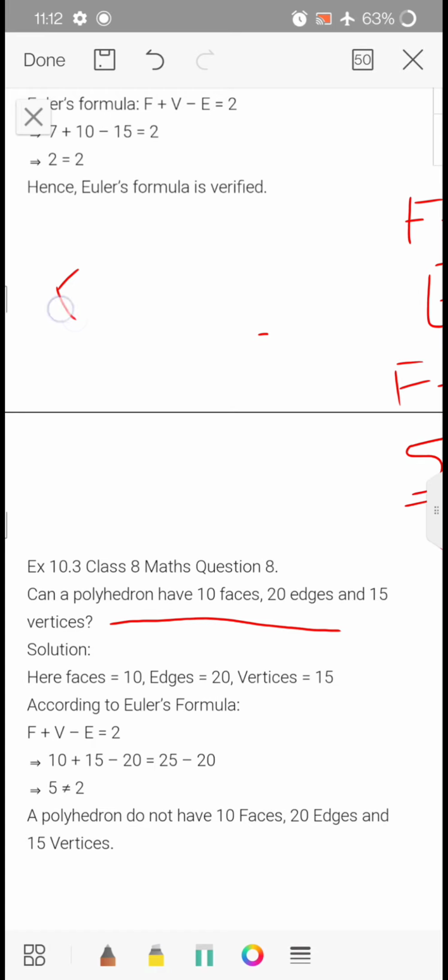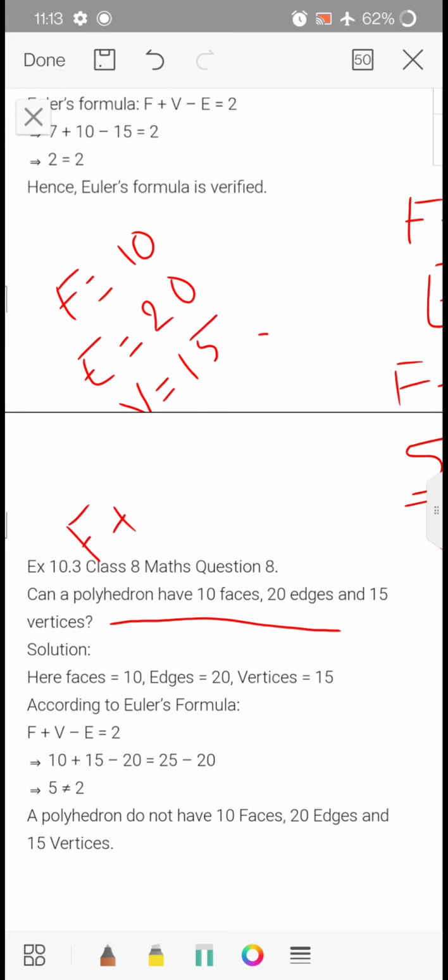Faces means f is equal to 10, edges means e is equal to 20, and vertices means v is equal to 15. And they have asked, can a polyhedron be possible with such a number of faces, edges and vertices? To check this, to answer this, what will we do? We will put these values in Euler's formula.